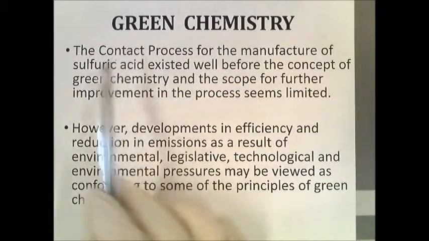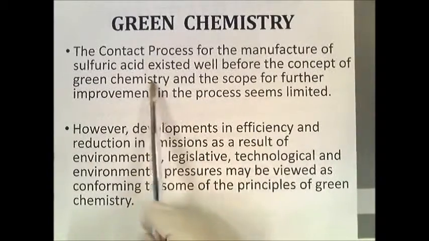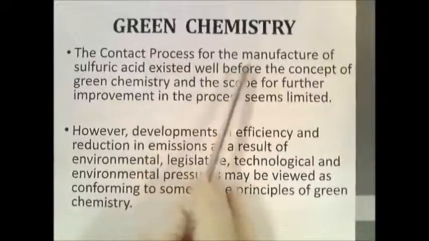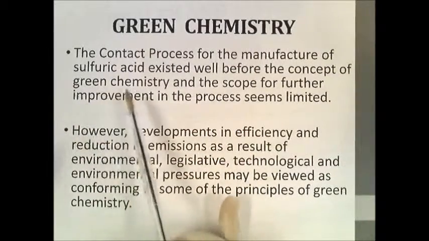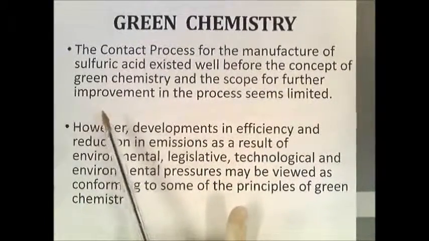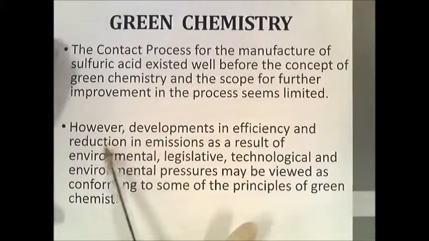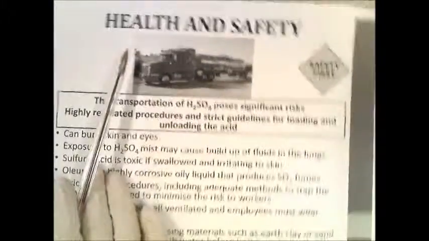Now, you guys are lucky because I picked the contact process for the manufacturing of sulfuric acid. It was made so long before the idea of green chemistry even came about, but they've found that the process is quite green and they haven't made too many amendments to it.